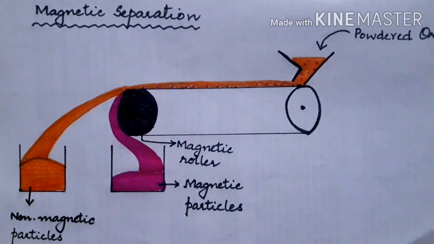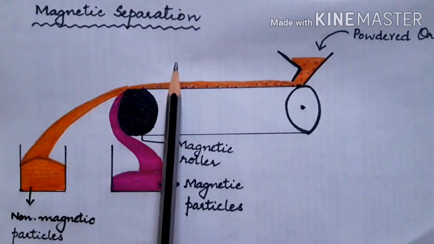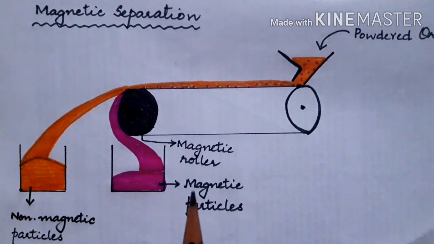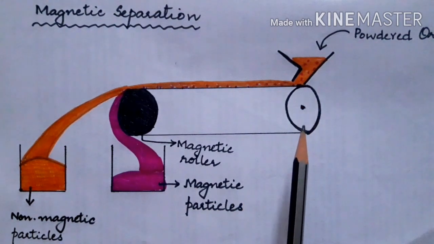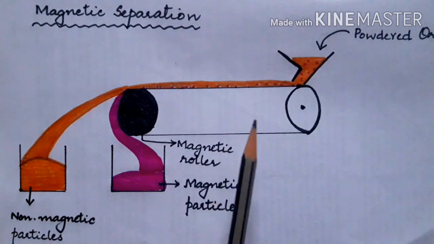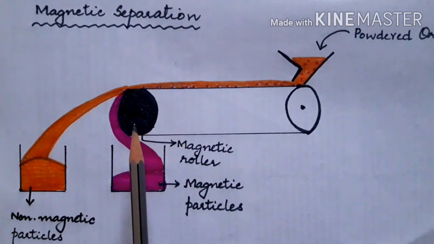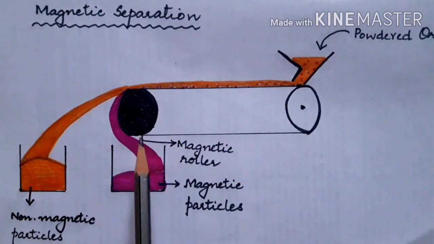The next method of separation is known as magnetic separation. We use this method when we have a crushed ore which contains a non-magnetic ore particle and a magnetic gangue particle, or vice versa. Here, the powdered ore is spread on a conveyor belt which is rolling with the help of a magnet.